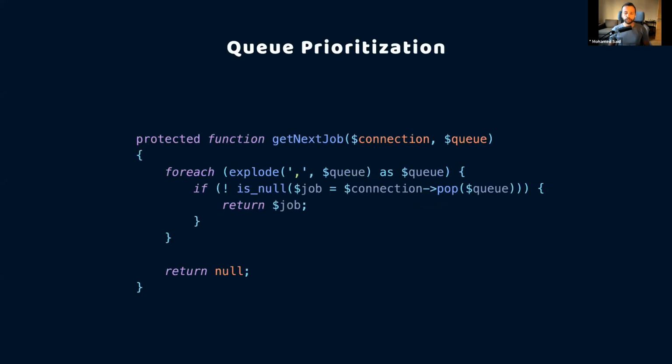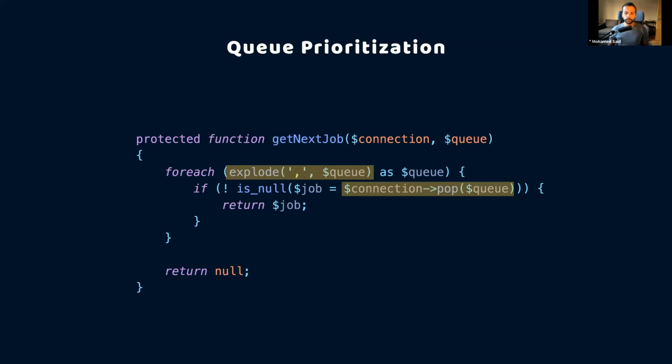Starting with queue prioritization. We have seen the getNextJob method that the worker calls whenever it tries to pull jobs from the queue. Inside it, we pass the string of queues that this worker should be processing jobs from. This line converts the string to an array, and then we pass it to the foreach loop.